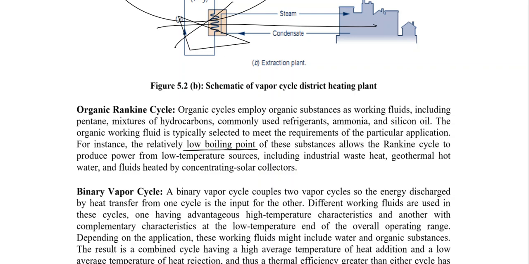When it boils at a low temperature, it can produce power from low temperature sources, including industrial waste heat, geothermal hot water, and even solar collectors. So organic materials are now of prime importance, and a lot of research is going on in the organic Rankine cycle because of its low boiling points and because you can produce power from low temperature sources as well.